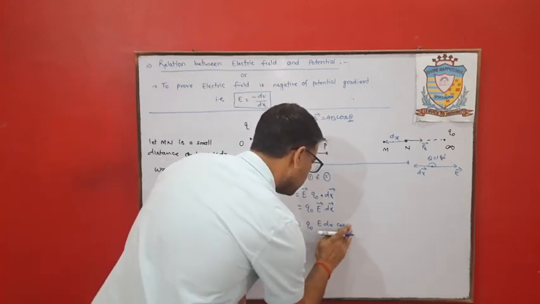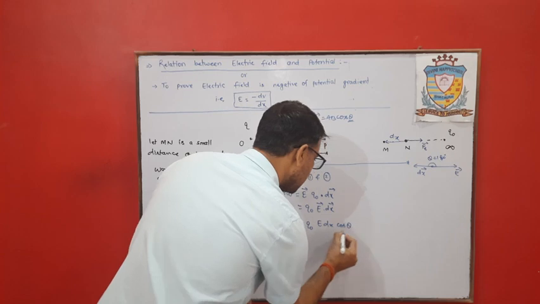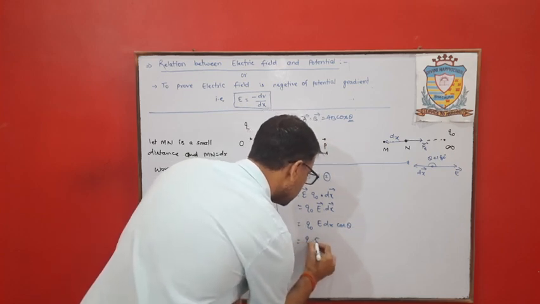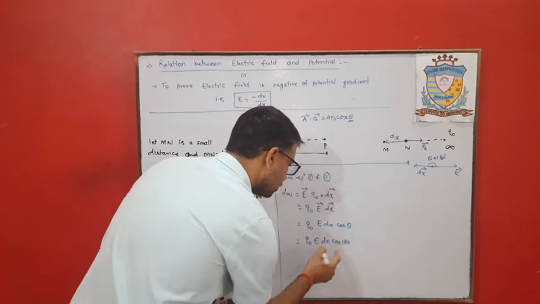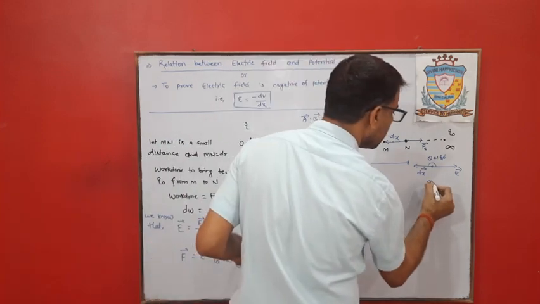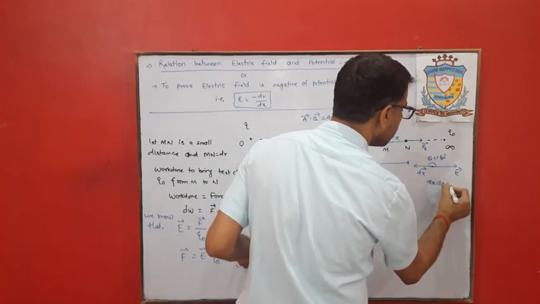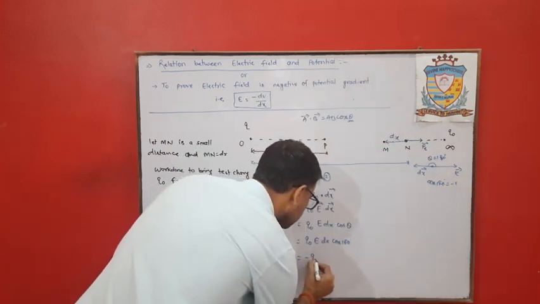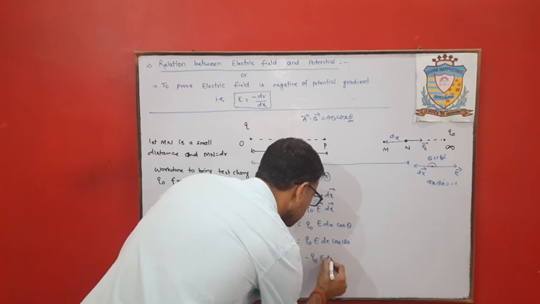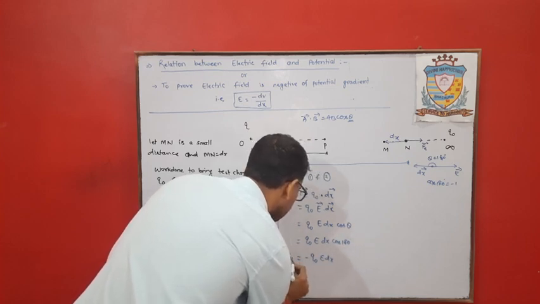The value of cos 180 degree is minus 1. So it becomes minus Q naught E dx. So this is the value of dW.